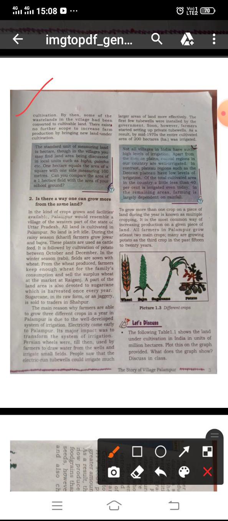Students, in the village of Palampur, the system of irrigation was also very good. Electricity also came early there, and there were some wells that were used for irrigation. But after that, the government installed tube wells there.